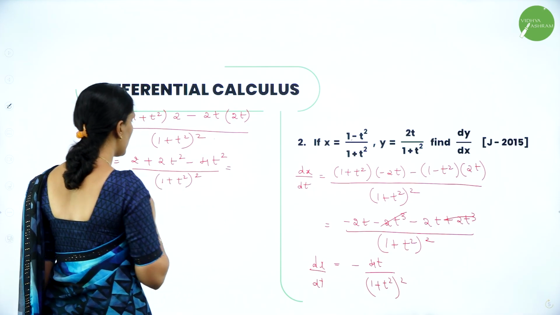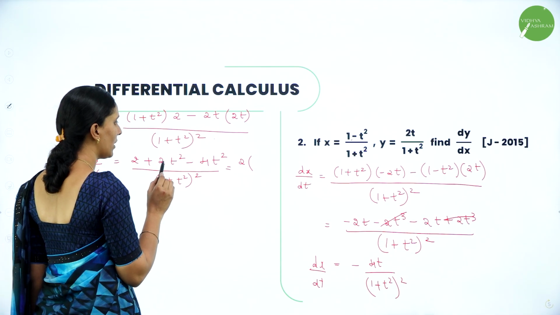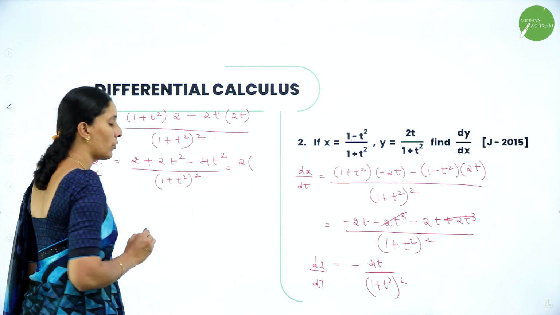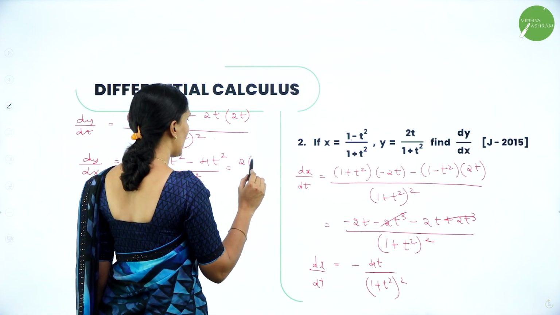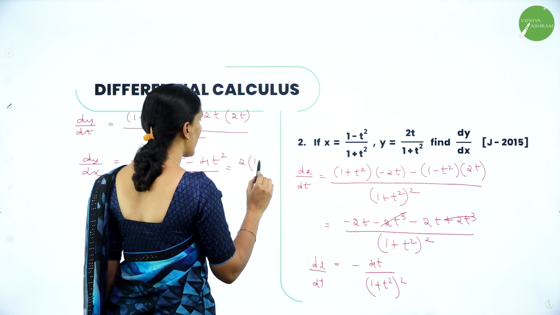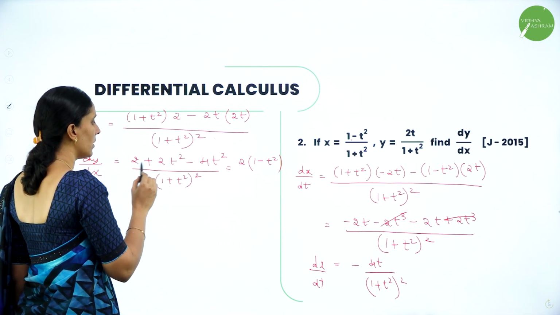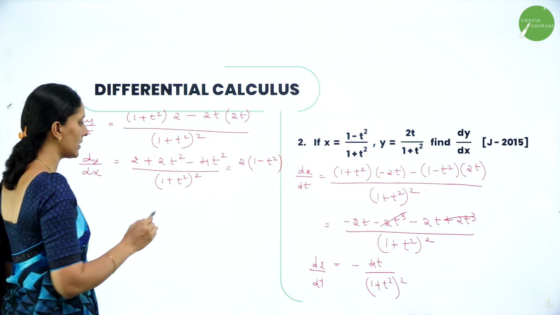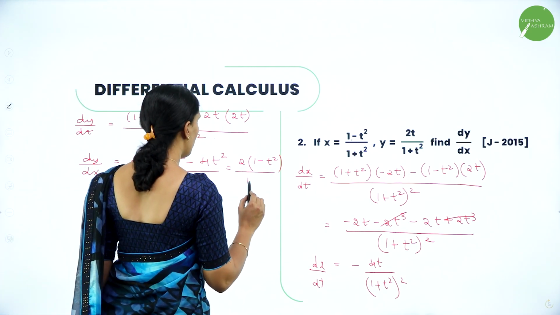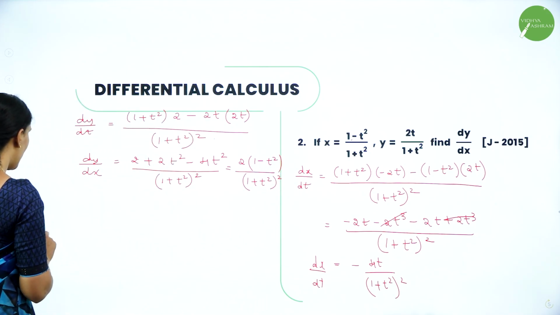Or we can write this as 2 into. So here if I take 2t square minus 4t square, I'll get minus 2t square. If I take 2 as a common factor outside, I'll get here 1 minus t square, and here we have 1 plus t square whole square. Now I need dy by dx.